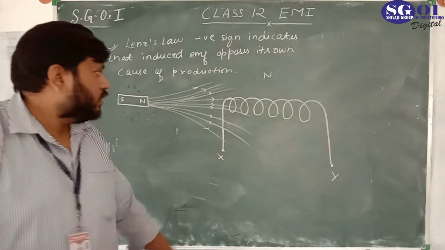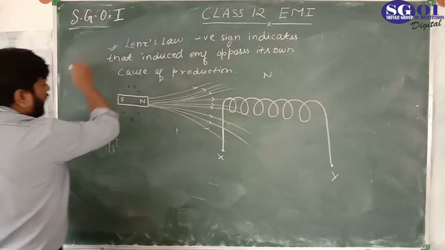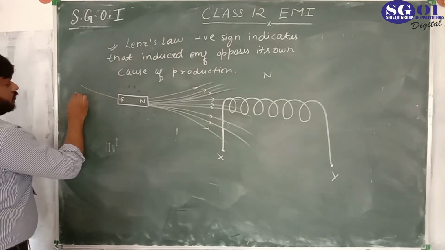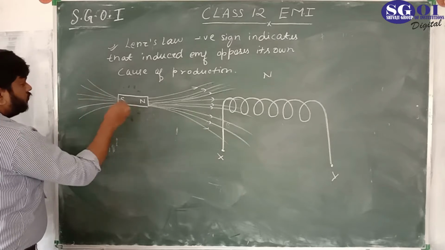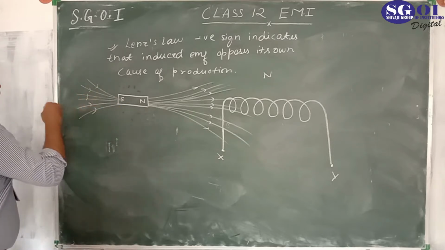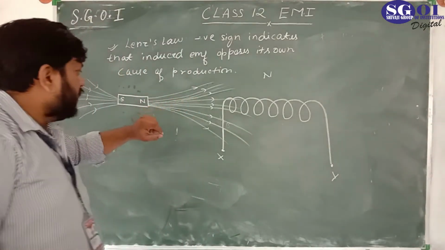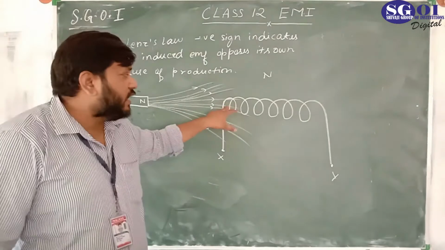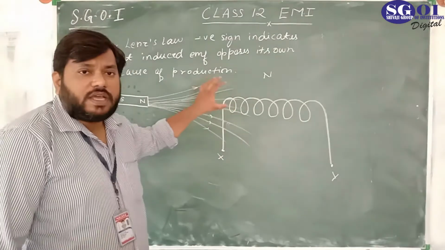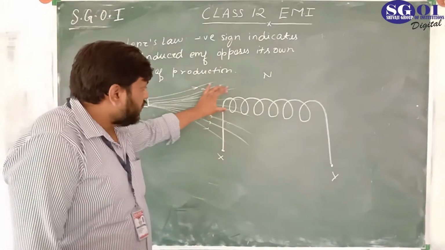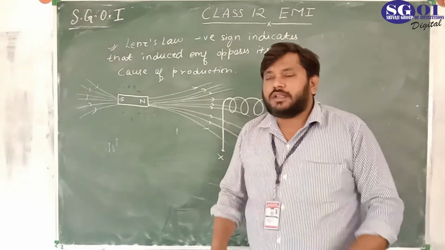Yes, you can see here, and they are coming like this. So you are seeing there, definitely there is flux linked with the coil, because a number of lines are passing through the cross section of the coil.